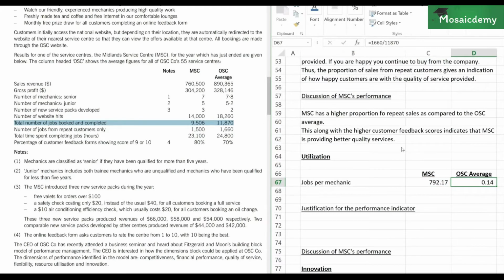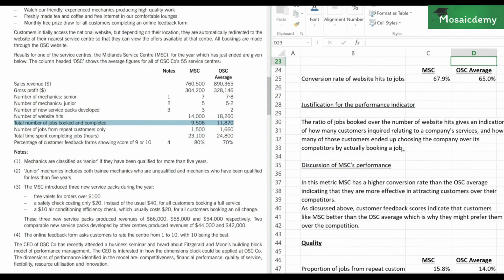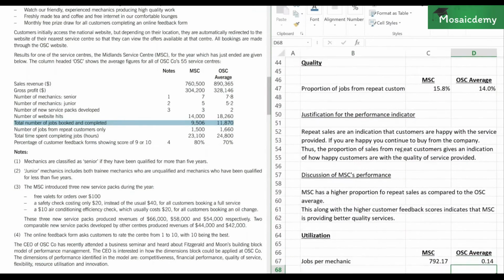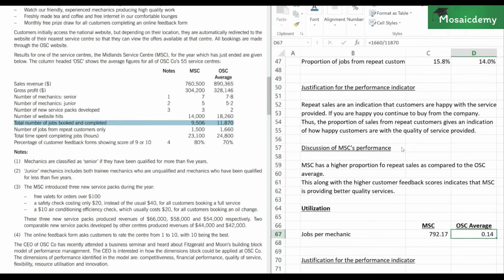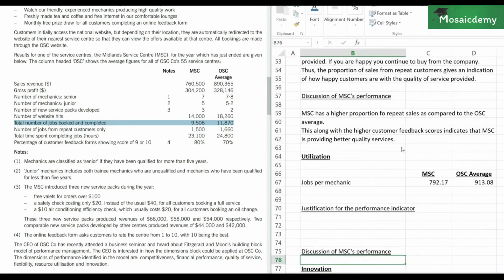Let's double check the above ones: a proportion should be in a percentage, conversion rate should be in a percentage, and a margin, of course, should be in a percentage. So the OSC average was 11,870 divided by 7.8 plus 5.2. Okay, so OSC has a higher utilization rate, so let's talk about that.